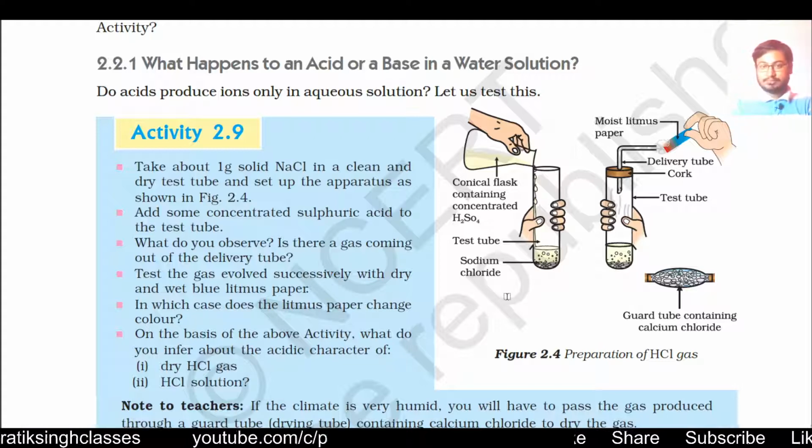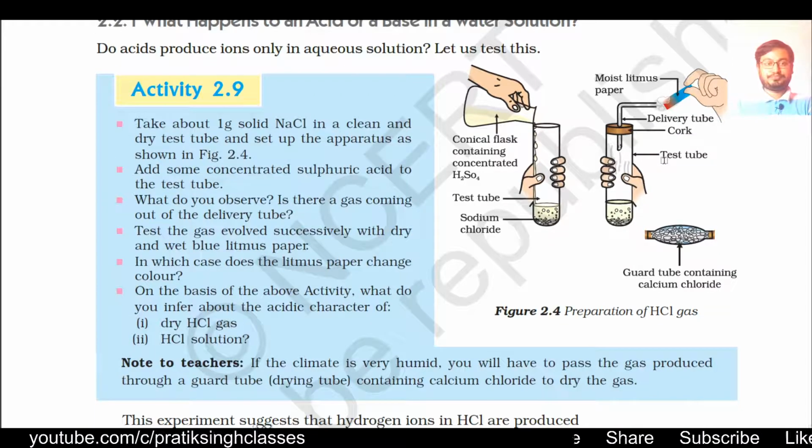The test tube is tightly fixed with a cork. Some reaction is happening in the test tube and a gas is coming out, and that gas changes the moist litmus paper from blue to red. Something acidic is coming out as fumes.